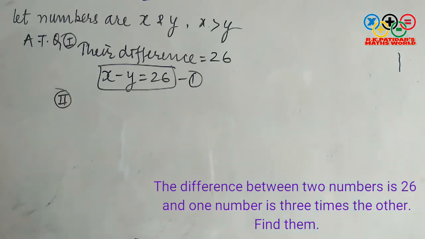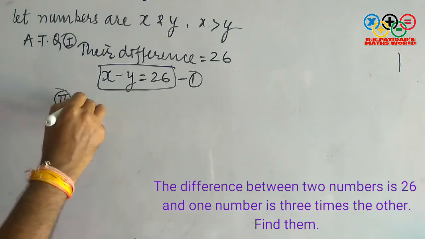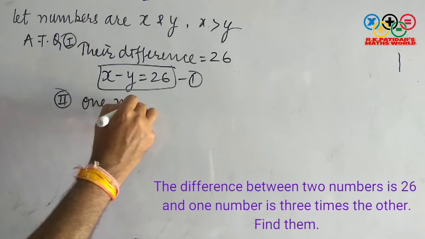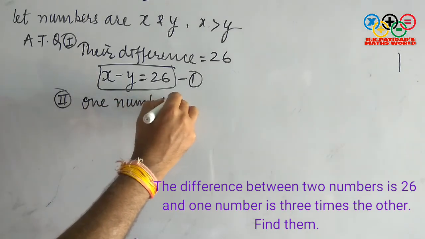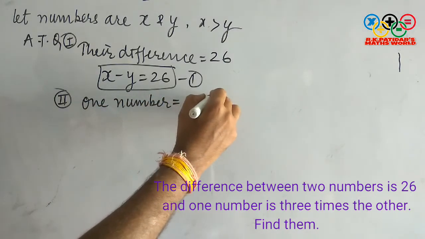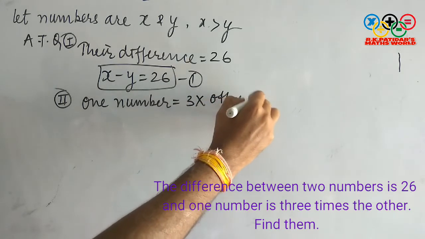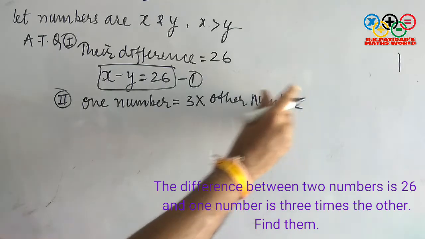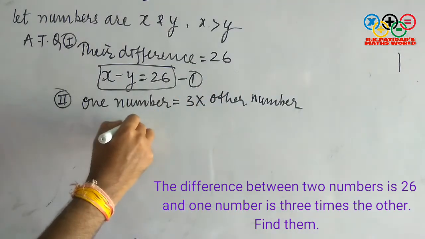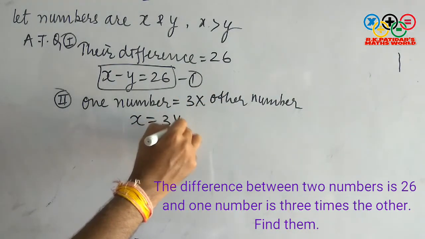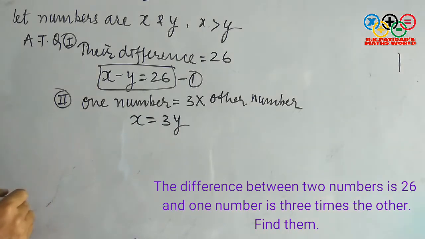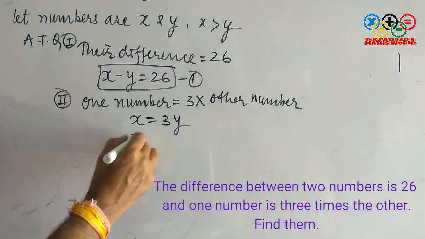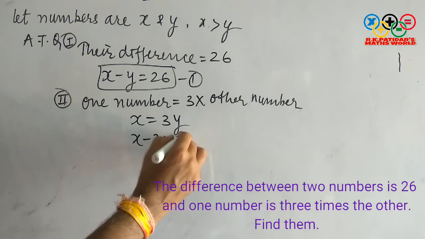Secondly, it is given that one number is 3 times the other. One number is equal to 3 into the other number. So x is equal to 3y. This is the second condition. x minus 3y is equal to 0.